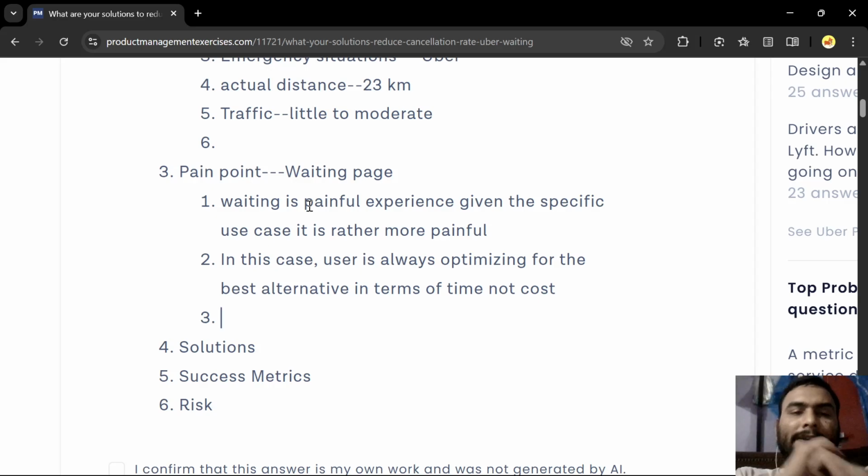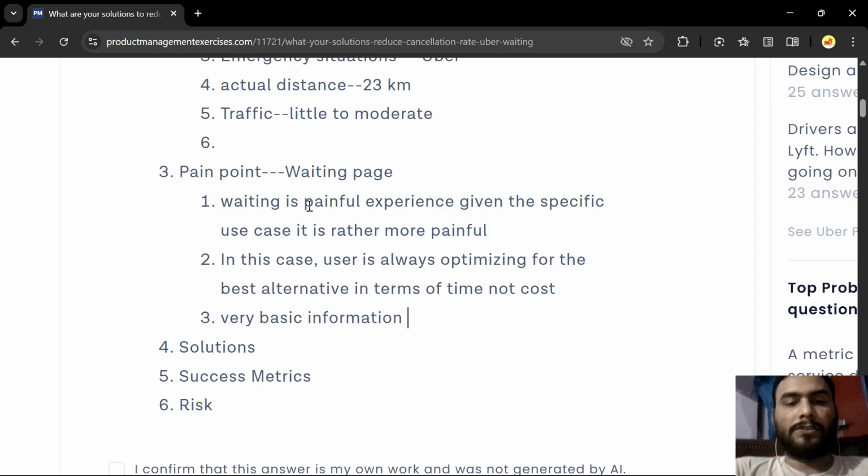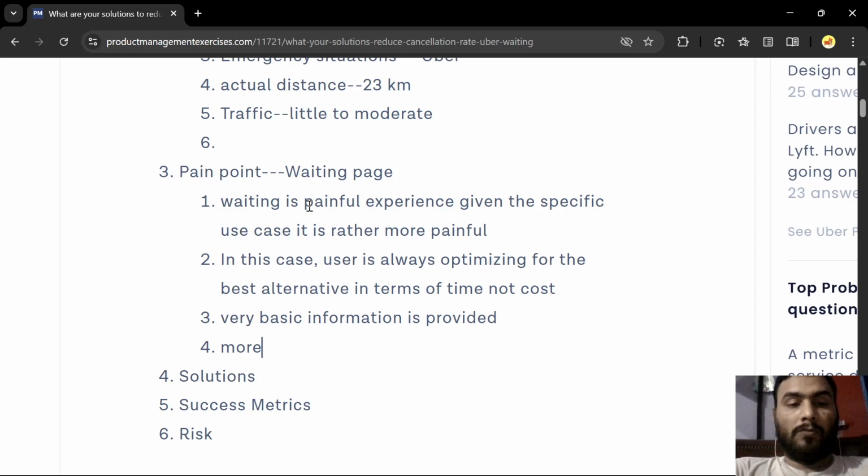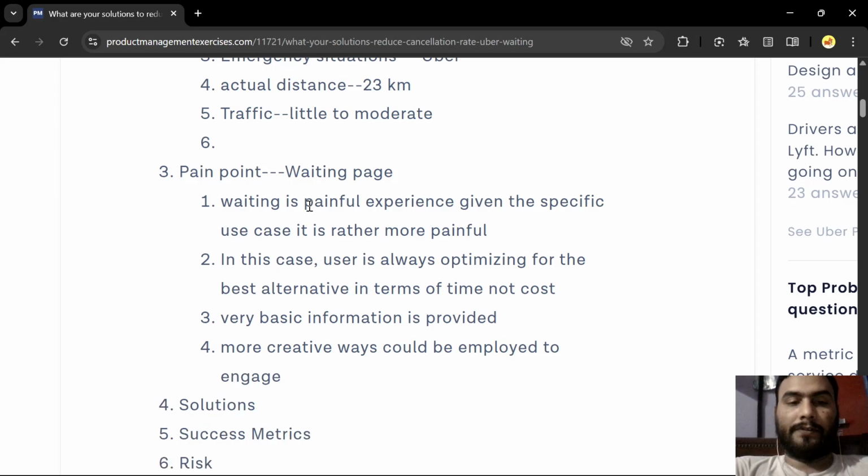Any other pain point that I can think of? I can see, yes, very basic, and more creative ways to engage.